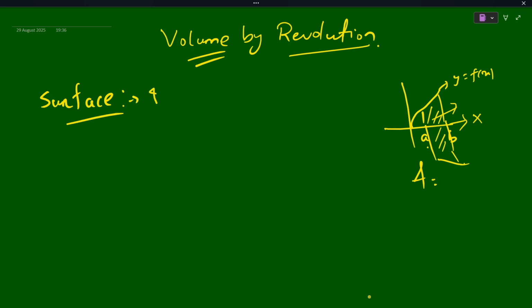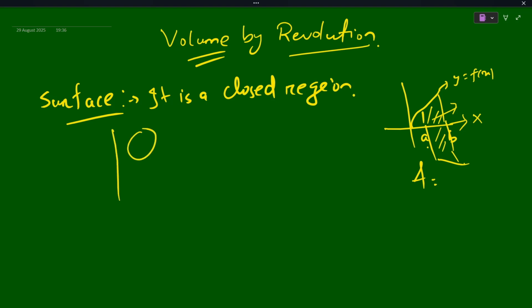It is a closed region, and if we see it graphically, any closed region of any shape you can take as a surface, like a square shape, a circular shape, or a triangular shape.